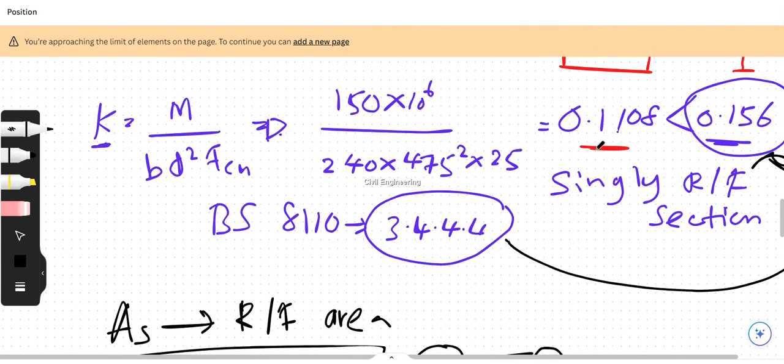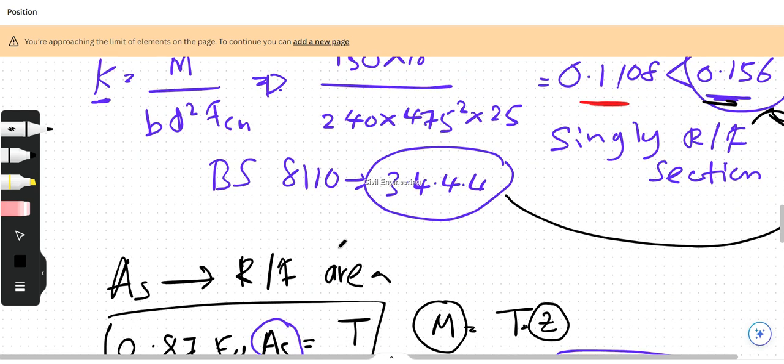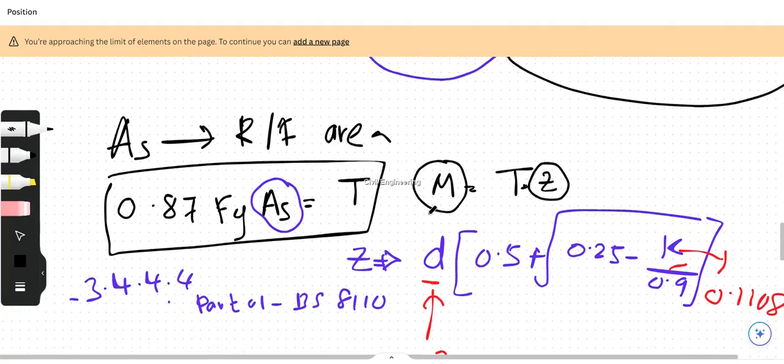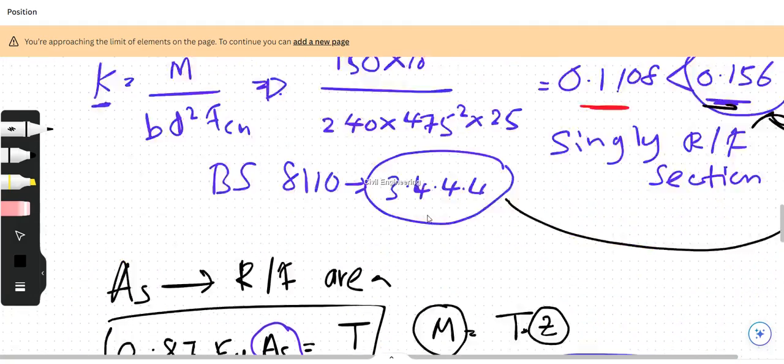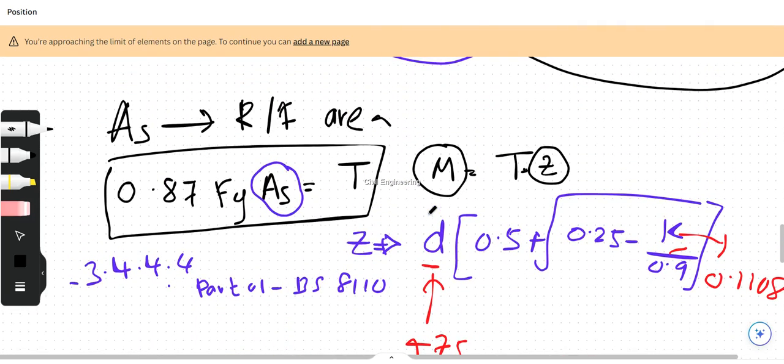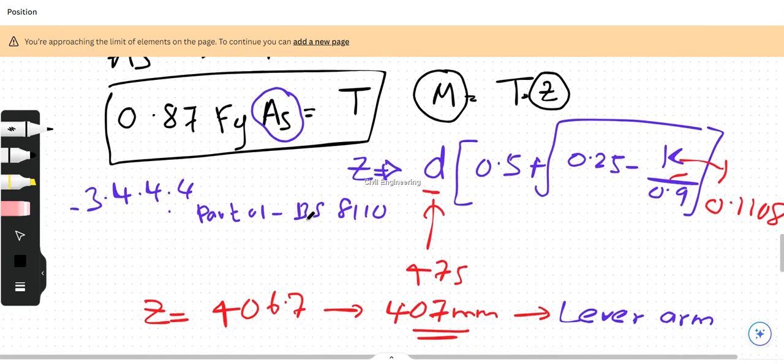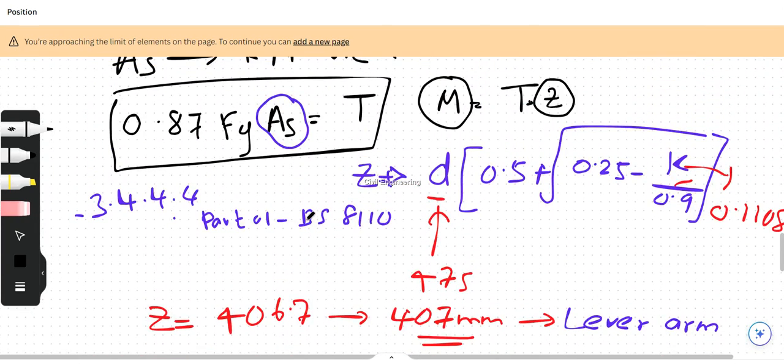And then I calculated the K value. The value was 0.1108. As that one is lesser than 0.156, this is okay for a single reinforced section according to BS 8110 3.4.4.4. After that, I found the area needed for steel.